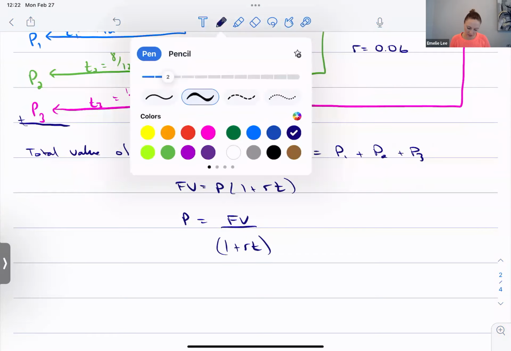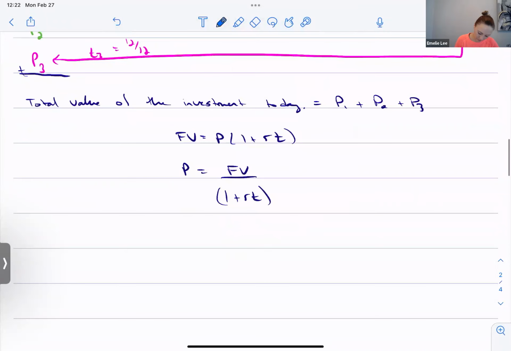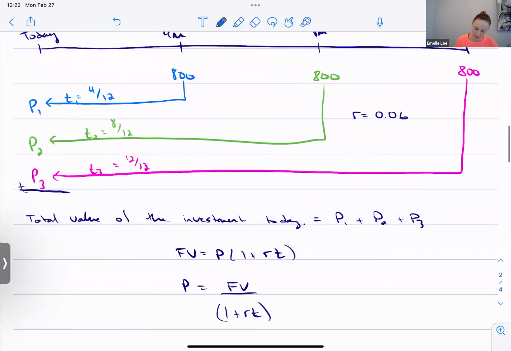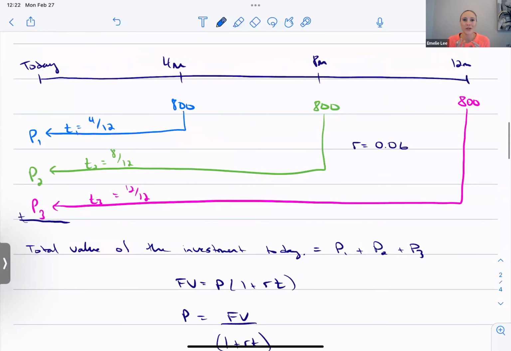And so first things first here, P1 is the future value over 1 plus R times T. Remembering from way before the break, everything on the left-hand side of a time arrow is a present value, or a principal amount, and everything on the right is a future value.